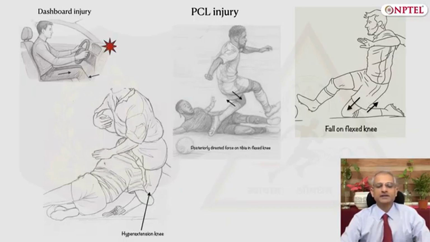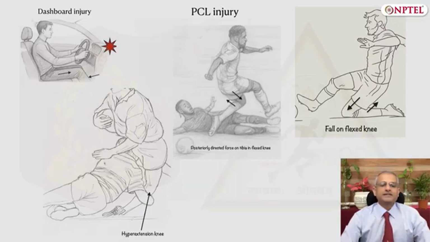Football, rugby, and skiing are among the commonest sports where there is the highest incidence of PCL tears. While in the ACL, the non-contact injuries are common, the PCL, because it is much stronger than the ACL, generally gets injured in a contact type of injury.